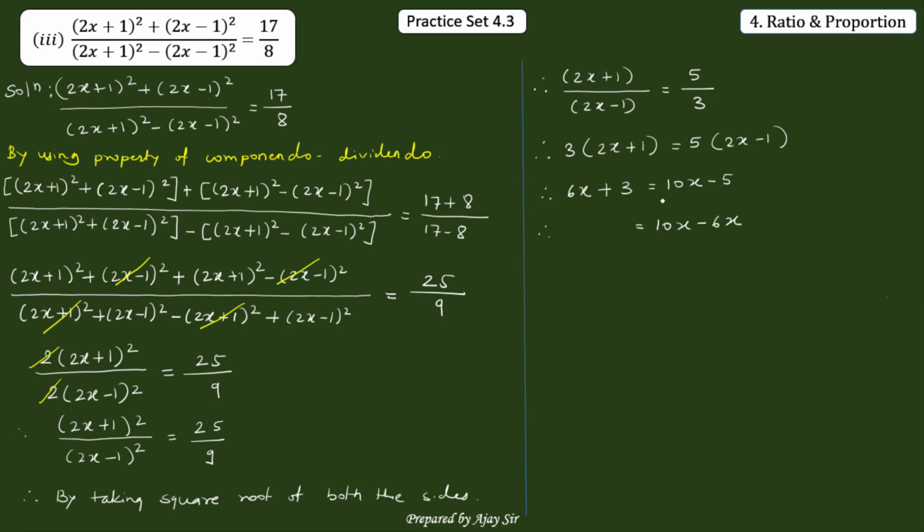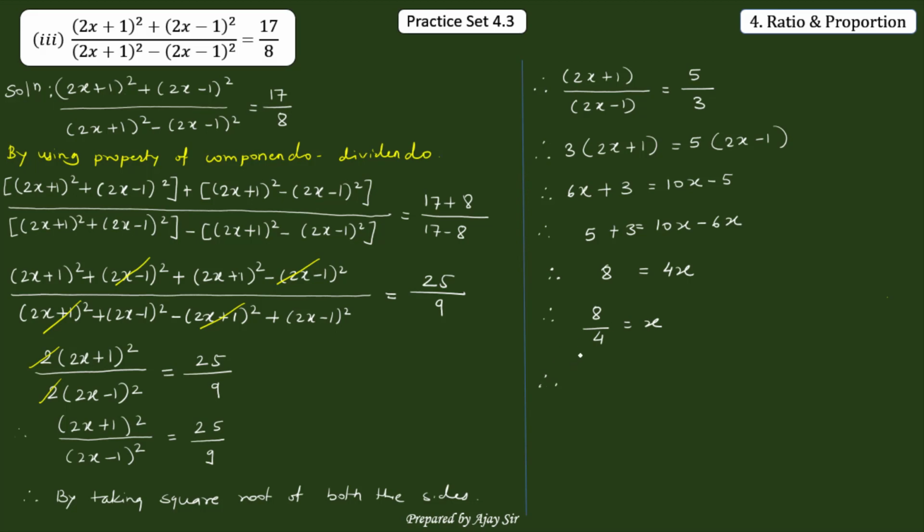This 3 we will keep here, and the minus 5 we will shift to the left hand side, where it becomes plus 5. So here 8 is equal to 10x minus 6x, that is 4x. So 8 divided by 4 is equal to x.